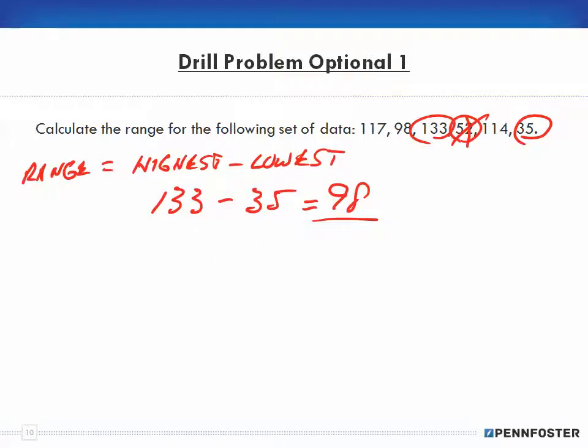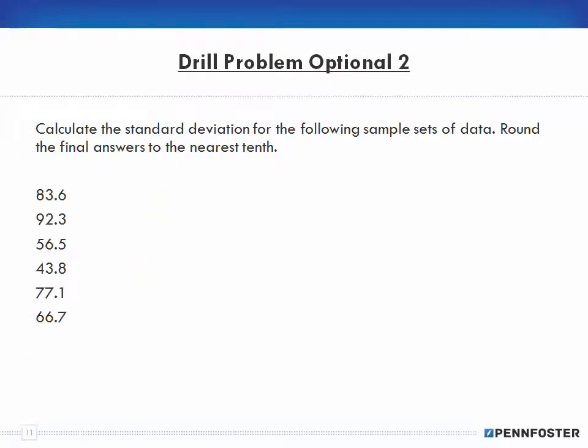I didn't have to use a calculator, and I didn't have to write out 133 less 35. What I did was say that 135 is almost 100 away from 133, and the difference is 2 points. So instead of 100, I end up with 98. All right, next problem.